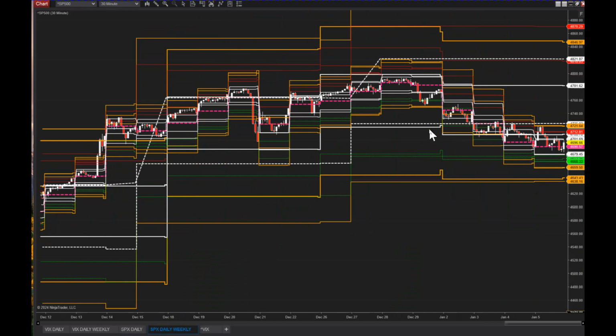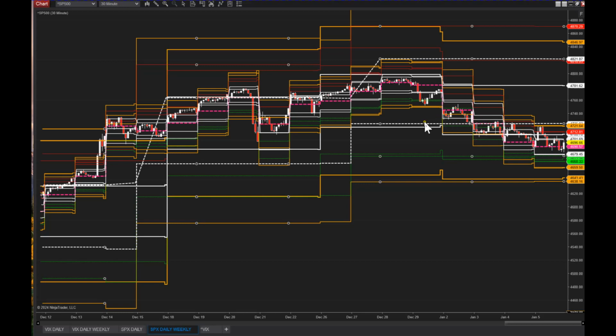Here's the weekly and 7 day and daily for the SPX. And it can really help you when you're looking at your open interest levels and your deltas and your open interest straddles, and put that in context of your historical volatility and your knowledge. You know that when you break a one, you're probably going short, right?